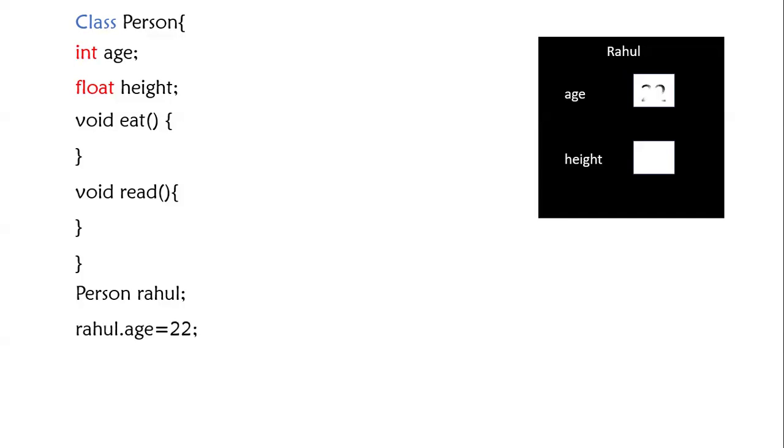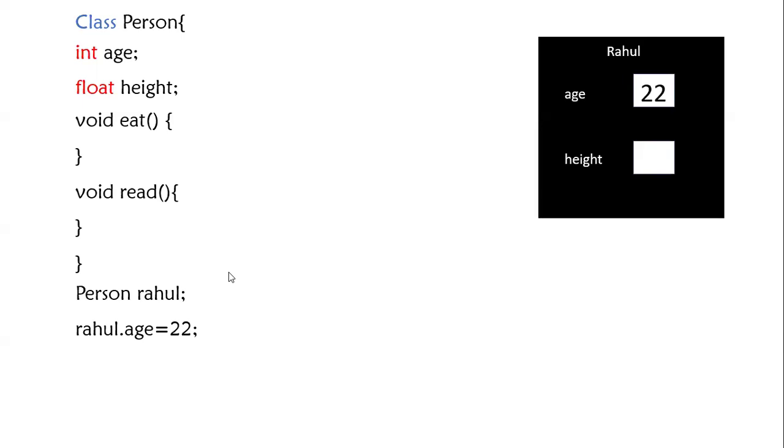And when I say Rahul dot age is 22, what happens here? That age 22 is getting stored inside Rahul. So inside Rahul's memory, the age will be 22. Every time to access that age, we should have that memory location, and Rahul will be the memory location, you can say.